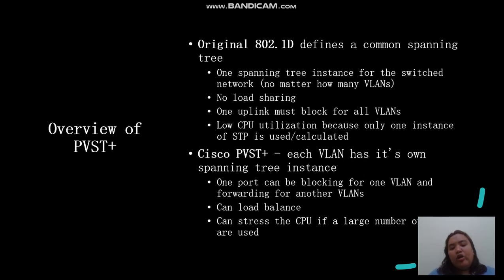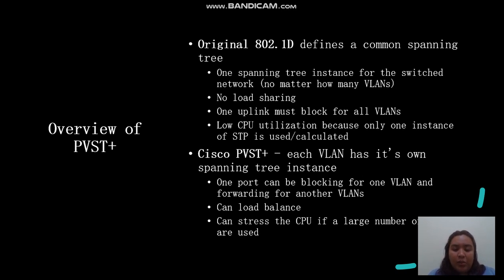So an overview for PVST. Original 802.1D defines a common spanning tree, so one spanning tree instance for the switch network, no matter how many VLANs. It also has no load sharing, so one uplink must be blocked for all VLANs, and low CPU utilization because only one instance of STP is used or calculated.